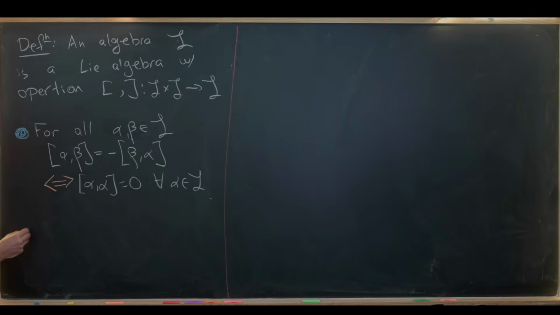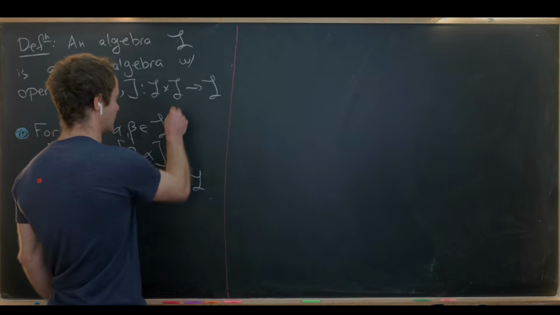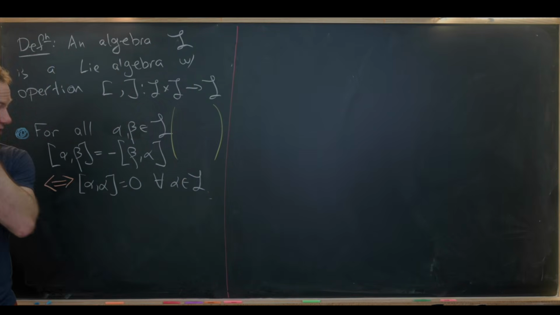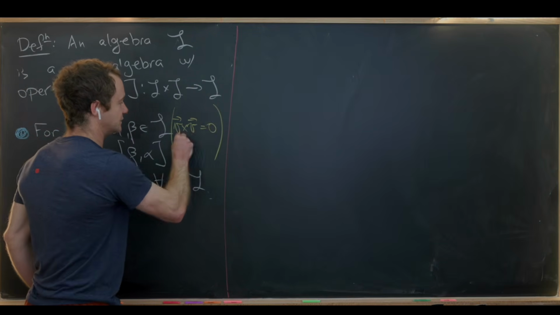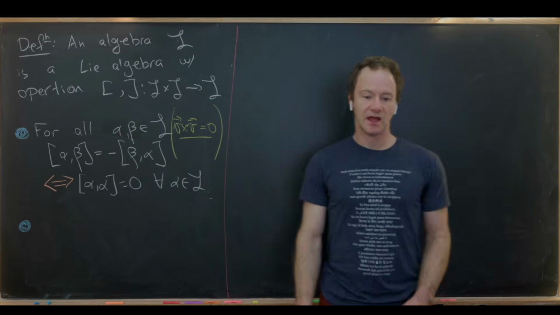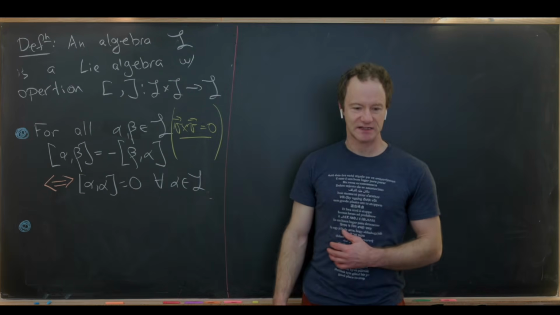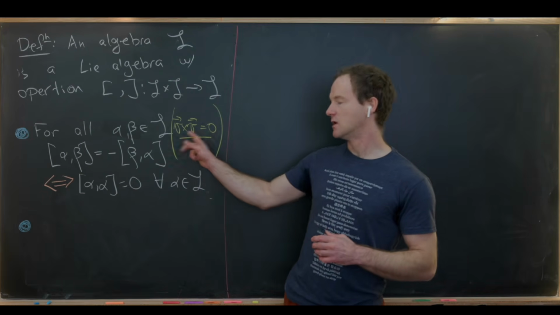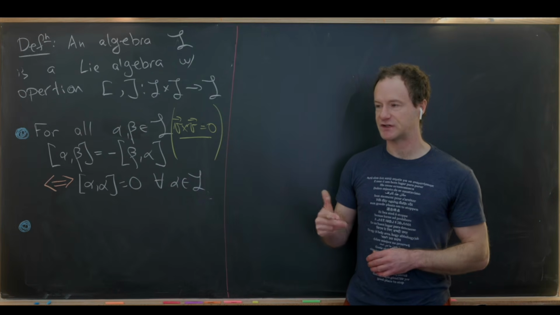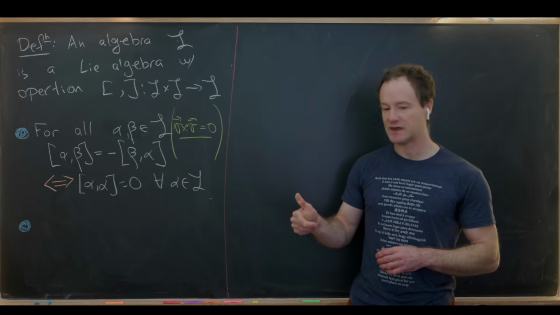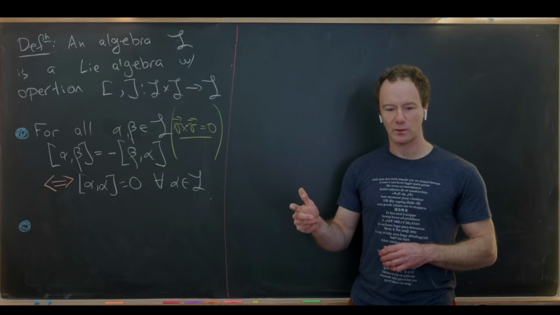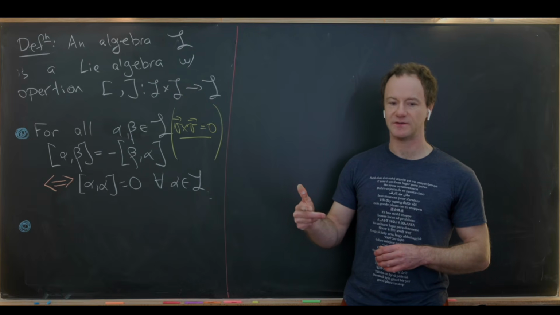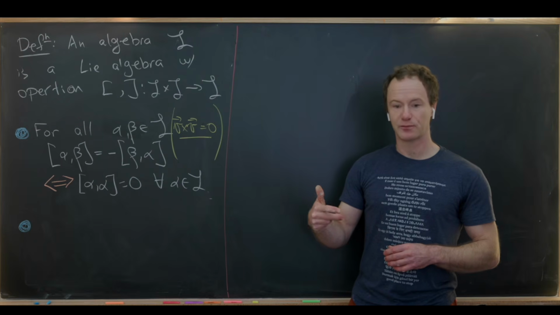And notice that the cross product most definitely satisfies this. One of the first things you learn about the cross product is that V cross V is equal to 0. I always describe that to my students in the following way. V cross W is supposed to give you a vector that's orthogonal to V and W. But if you do V cross V, there will be infinitely many vectors orthogonal to V, an entire plane's worth.